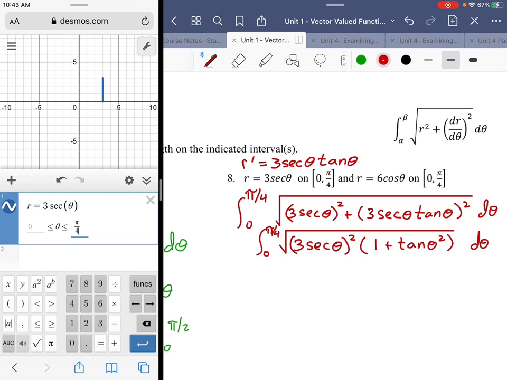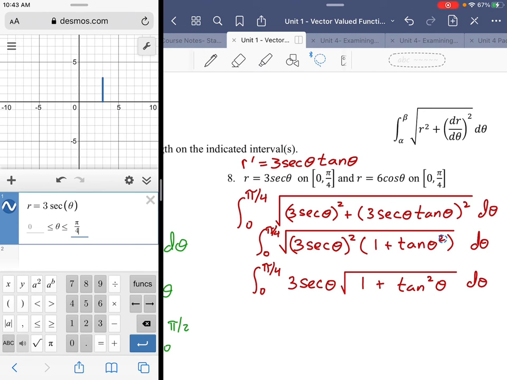So we just pulled out a GCF. Now we could pull it out further and make it 3 secant theta, and then we would still have the 1 plus tangent squared theta d theta. It was the tangent that was squared, so I could have put it like that in the previous step.